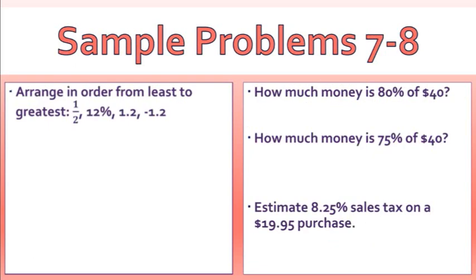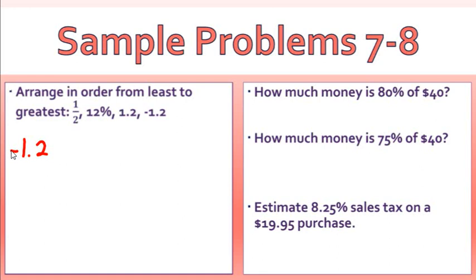Now we'll arrange these in order from least to greatest. Again, we have some fractions, we have percentages, and we have decimals. The first thing I noticed is that we have one negative. That's my smallest, so negative 1.2. If we were to change all these to decimals, the fraction half would be 0.5, or if you think of it as a percent, that's 50%.